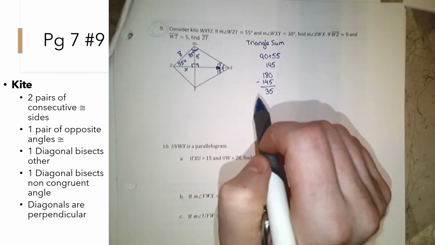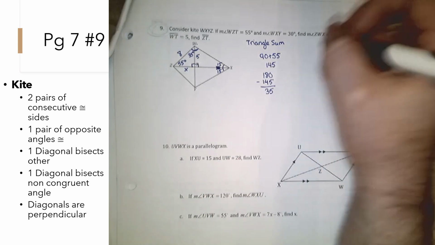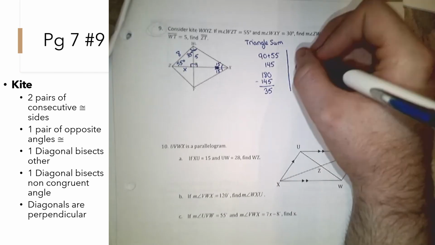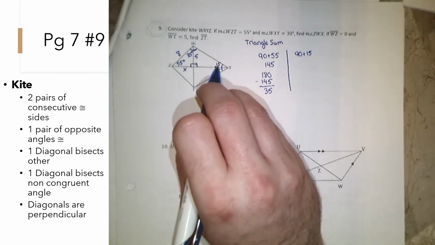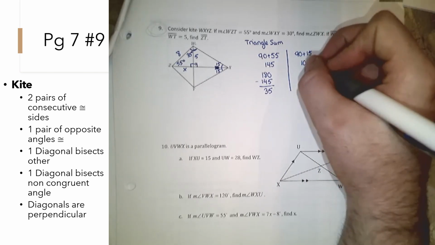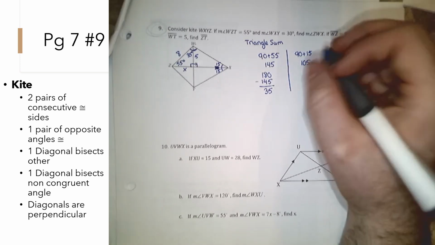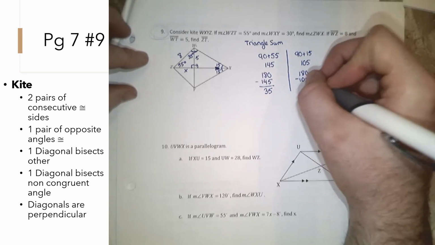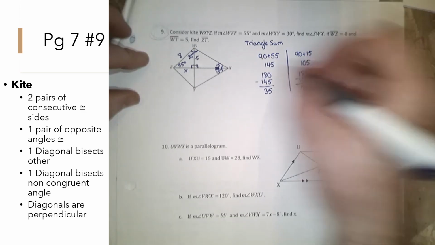Now on the other side, I want to go ahead and do the exact same thing. So I'm going to do 90 plus 15. So I would have 105. And now I would do 180 minus 105. And that would get me 75.